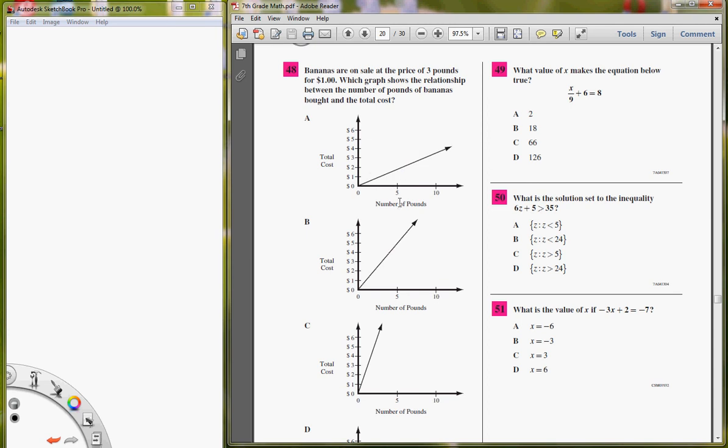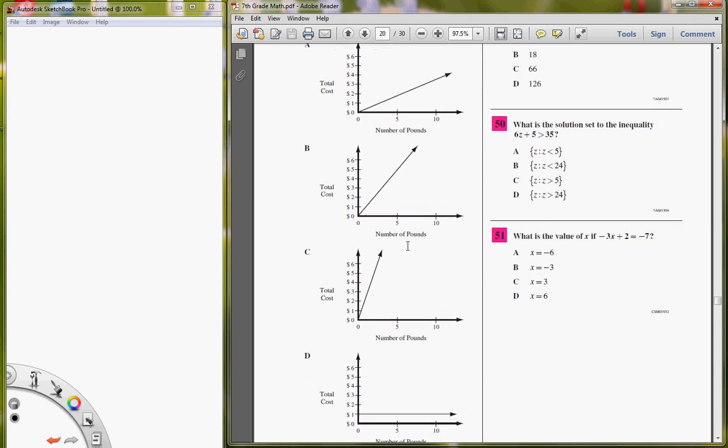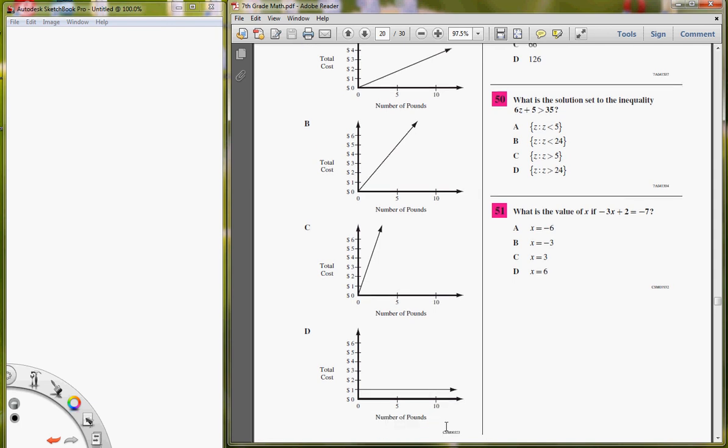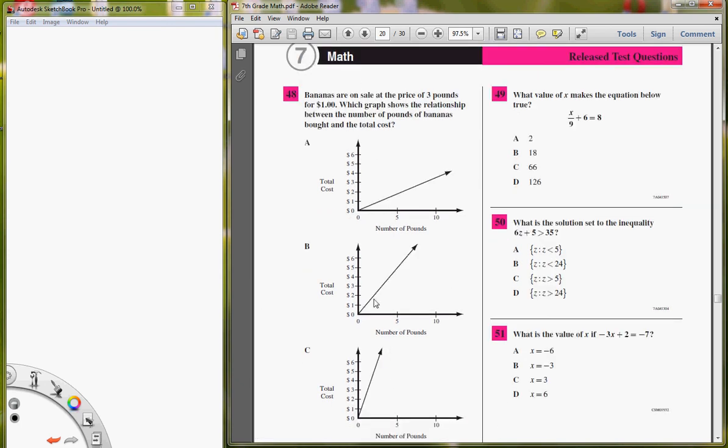So A looks correct. Let's make sure. This one is definitely wrong, because 5 is going almost to $5. This one is wrong as well, it's just too costly for bananas. This one is constant, meaning you buy any number of pounds and you pay only $1. That is wrong. So the answer to question number 48 is A.